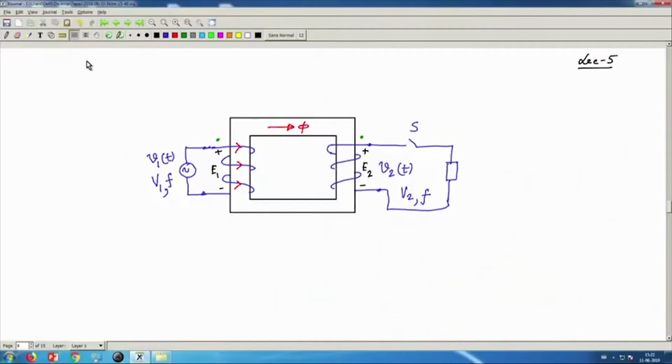Welcome to lecture 5 on electrical machines 1, where we were discussing transformers, and in fact ideal transformers.